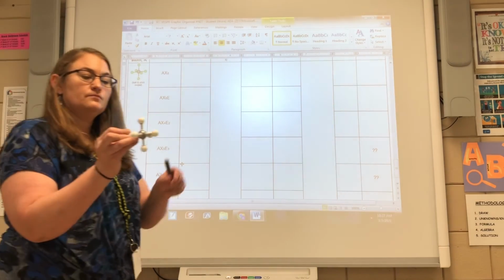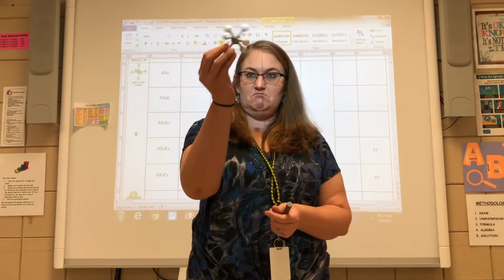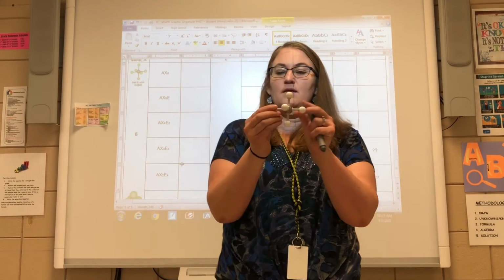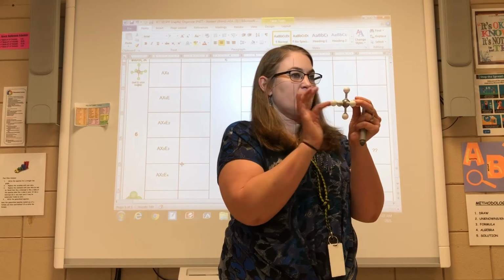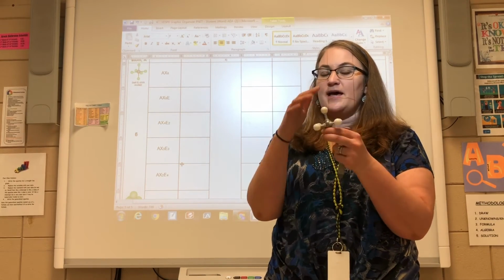So in that here's our AX6, and that last one we had 3 coming out the side right here, right? And so it made that pyramid shape with 3 sides.